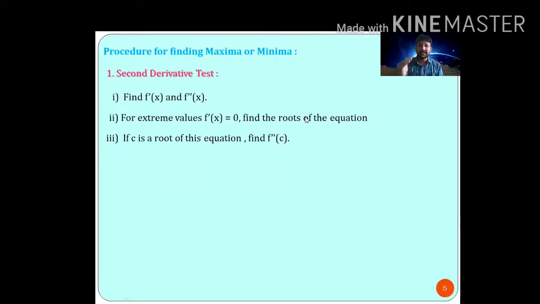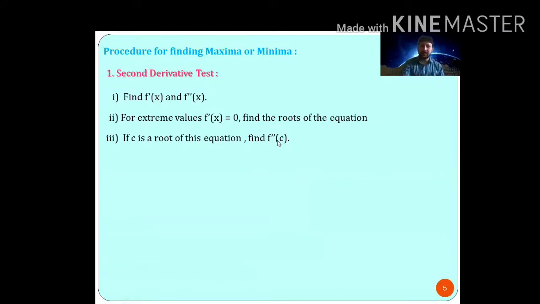Then to decide whether it is a point of maxima or a point of minima, it will be decided by the second derivative, that is f double dash of x. In that second derivative function, substitute x is equal to c. If you put x is equal to c, we get the answer f double dash of c. There is a possibility that f double dash of c may be positive or negative.